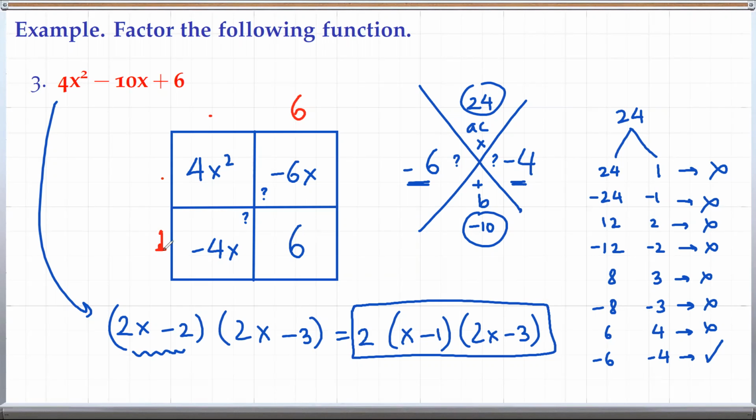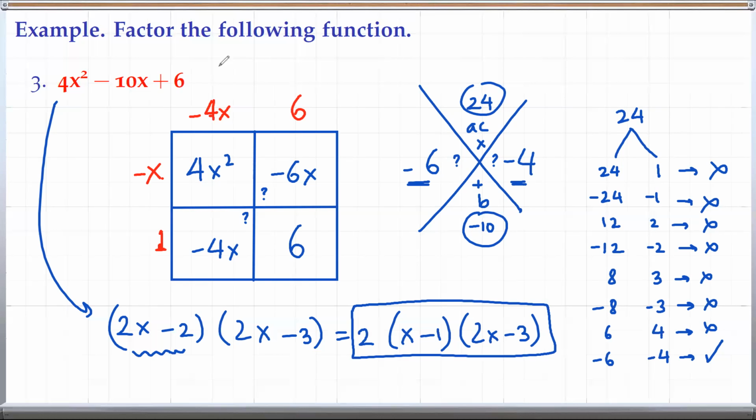Now using that 1, we can fill out a number over here because 1 times negative 4x is negative 4x. So we got that negative 4x over here. And using that, we can fill out a number over here. So negative 4x times negative x will give us 4x squared. So we have both the factors.